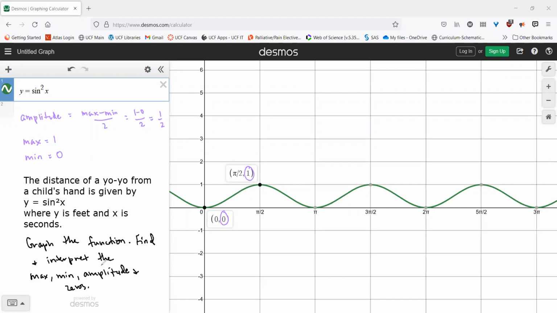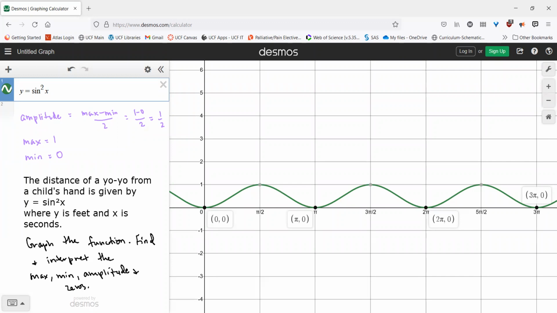The other thing that we want to find are the zeros. So let's erase that. The zeros, remember, are the x-intercepts. The x-intercepts are here and here, so 0, pi, 2 pi, 3 pi.